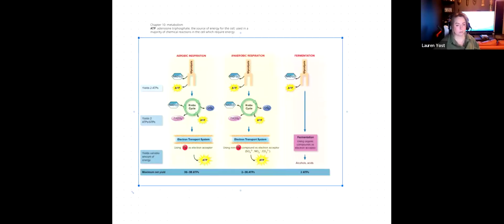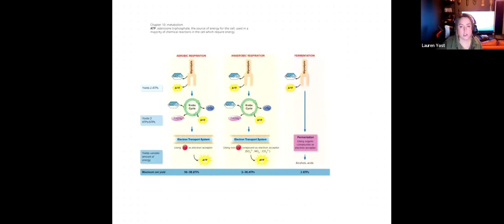Okay. So with the image, this image is showing us basically a layout of aerobic respiration versus anaerobic respiration versus fermentation, right? And so we can see quite clearly here, and honestly, this is all you need to know about aerobic respiration. I'm not really sure that we need to know a whole lot more other than a little bit more detail about maybe that electron transport chain.